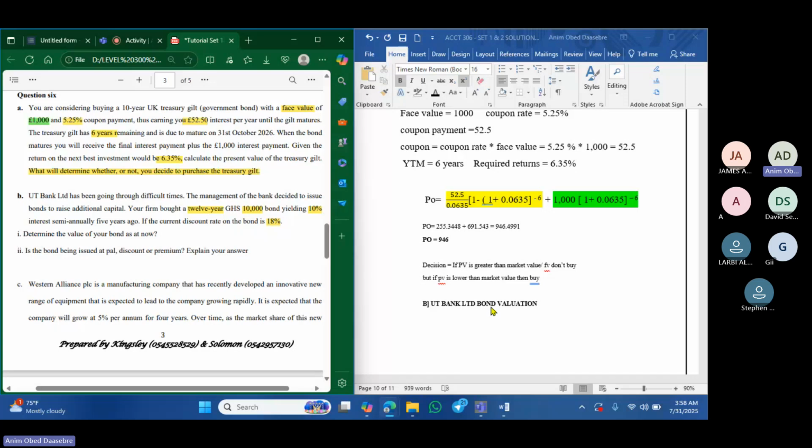So let me write the face value. Face value is 10,000.